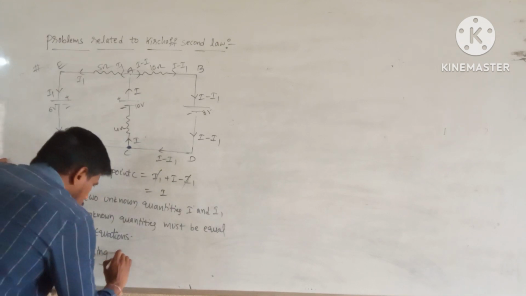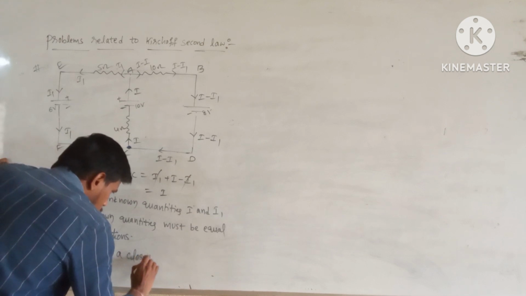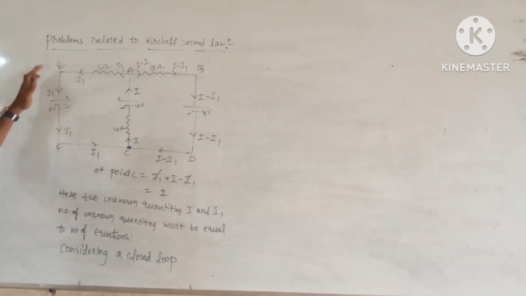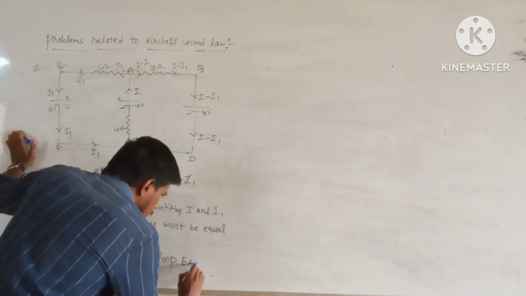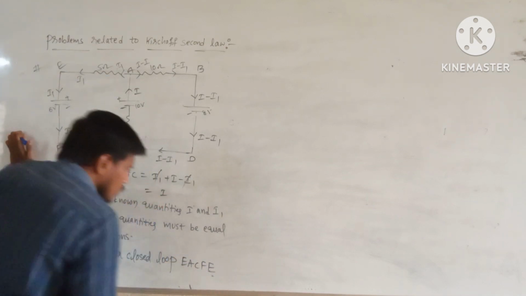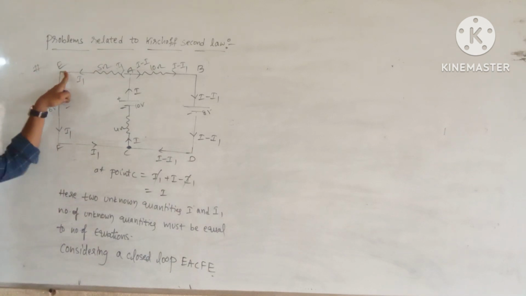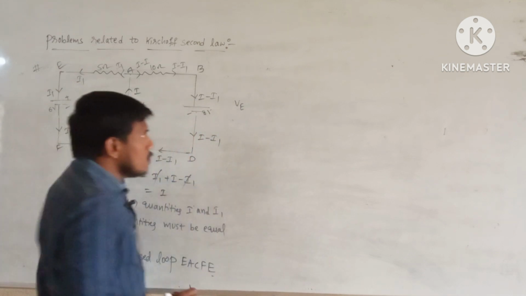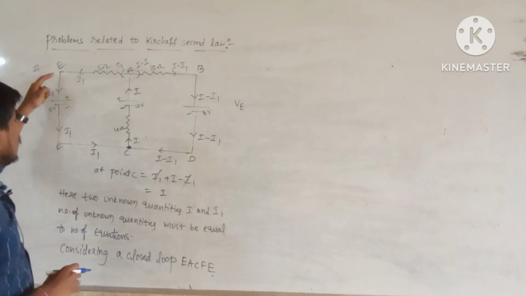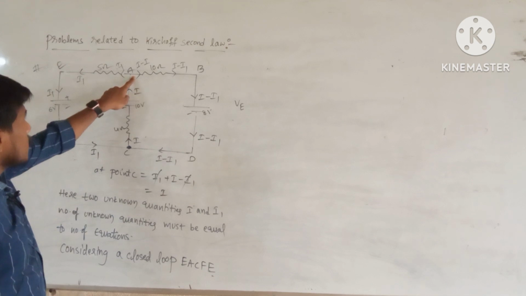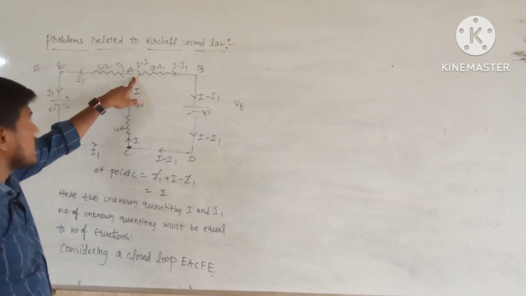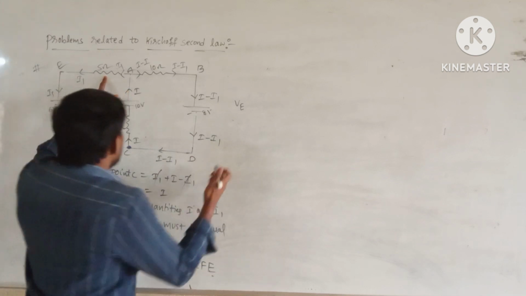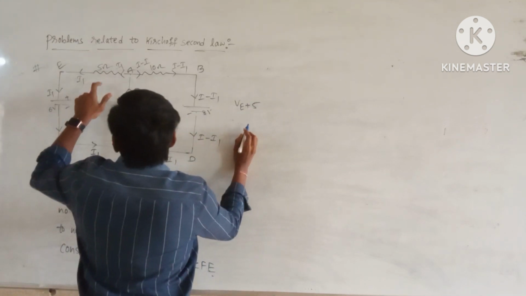Now I am starting from point E. VE means voltage at point E. Observe the path EA. We move against the direction of electric current, so what is the potential difference across this 5 ohm resistor? Positive. Plus 5 I1.